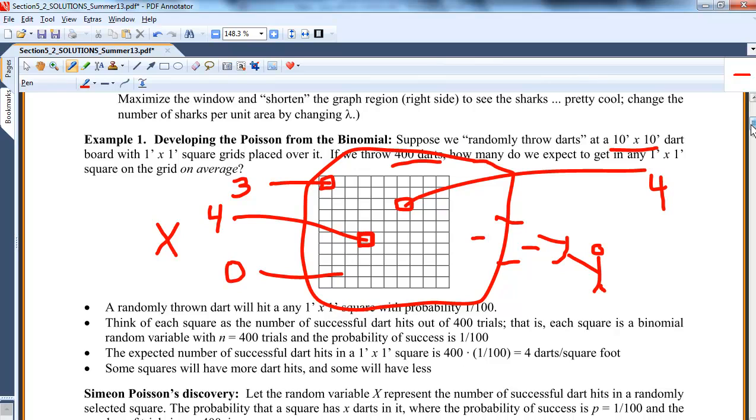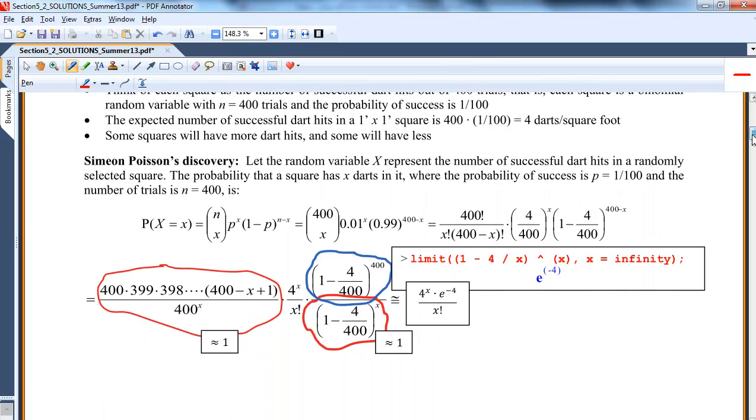What we're doing with the Poisson is really taking the rate of the binomial, and that becomes that parameter lambda in our Poisson. So here was Poisson's discovery. He said, let the random variable x represent the number of successful dart hits in a randomly selected square, like we were saying. The probability the square has x hits in it, where x could be 0, 1, 2, 3, 4, up to 400.